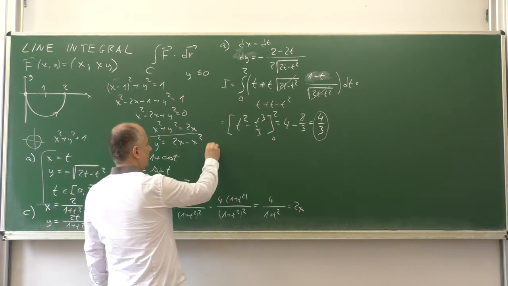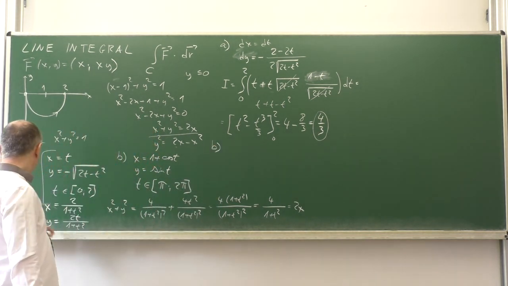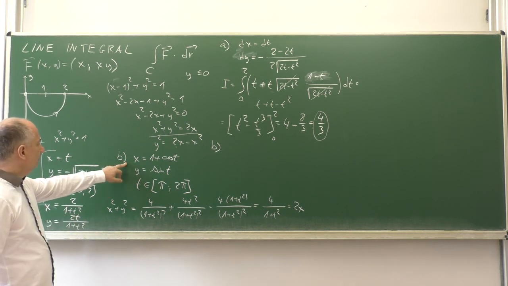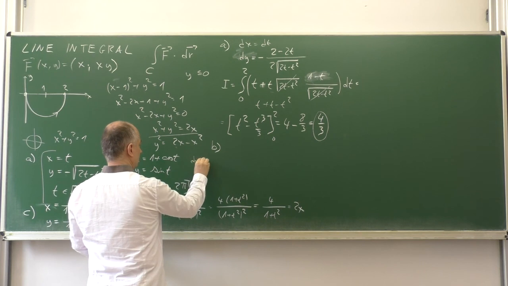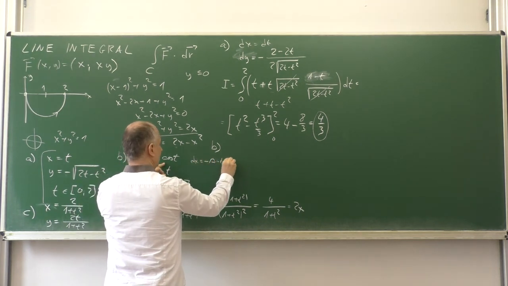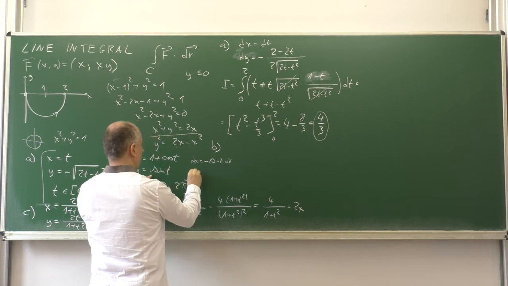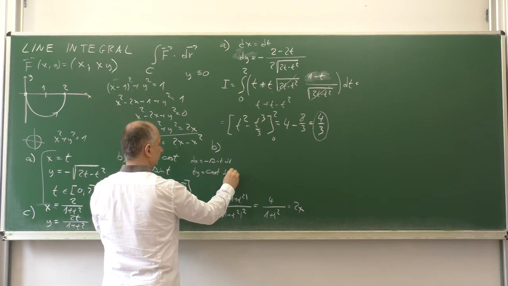Now, for the second possible parametrization, B, we will prepare dx, which will be minus sine of t dt, and dy, which will be cosine of t dt.